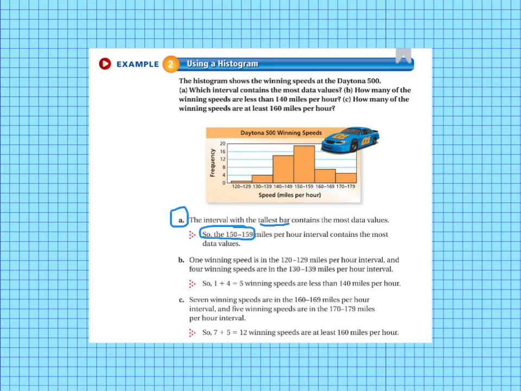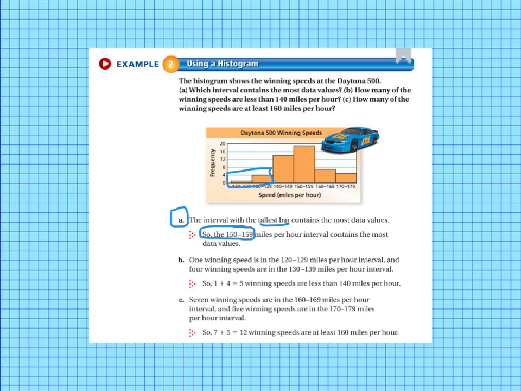Question 2B asks us how many of the winning speeds are less than 140 miles per hour. So we need to look at everything that's 139 miles per hour and below. So when we look at our graph, we can see that there are 4 in the 130 to 139 bracket, and there's 1 below that.